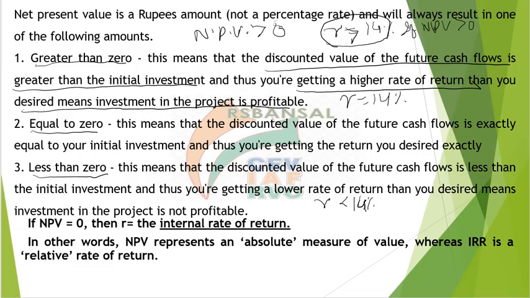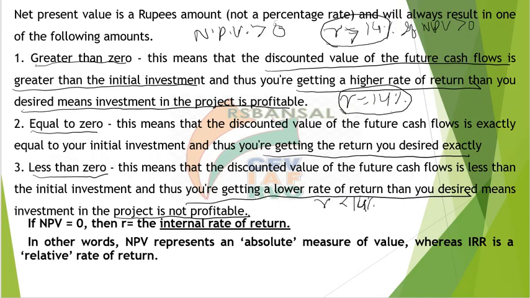So if it is equal to 0, it means you are able to achieve exactly the rate of return you desired. And if it is less than 0, it means you are getting a lower rate of return than you desired. It means the project is not profitable.